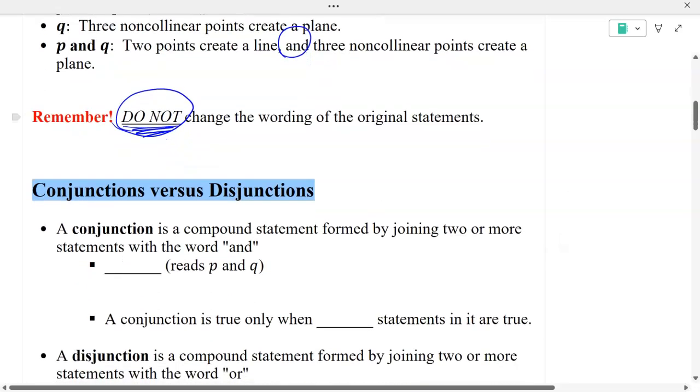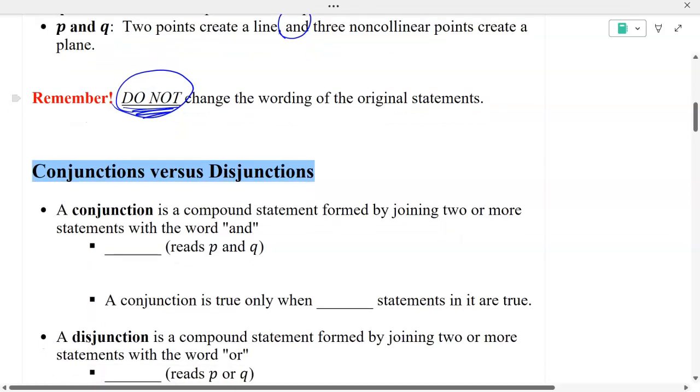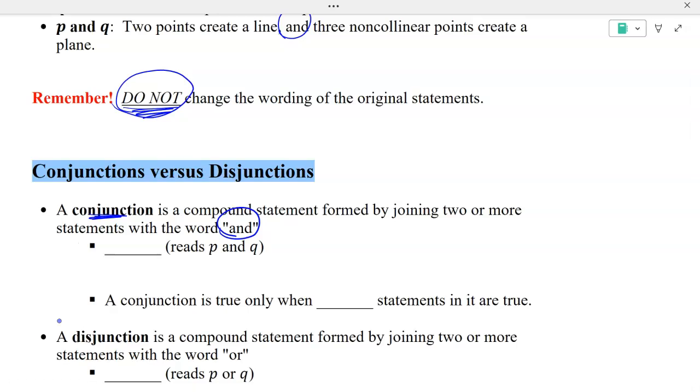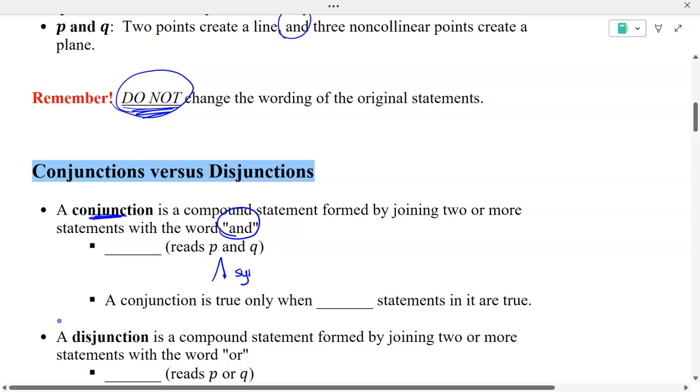So let's differentiate between those two. The first one that we can say is a conjunction is when we're joining two or more statements using the word and. And so we could have P and Q. Now, I want to tell you that the upside down V is our symbol in math for and.